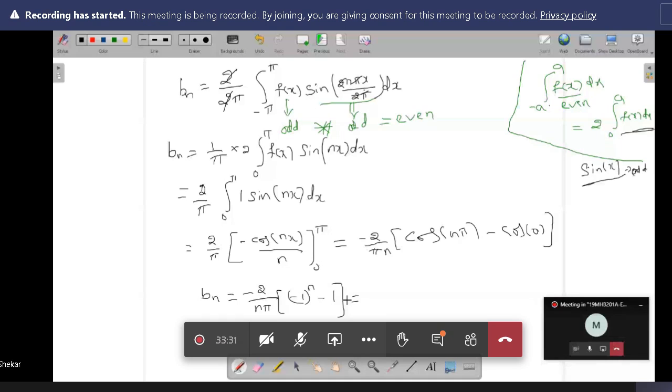Or I can take the negative inside, so this becomes 2 divided by n pi into 1 minus minus 1 power n.